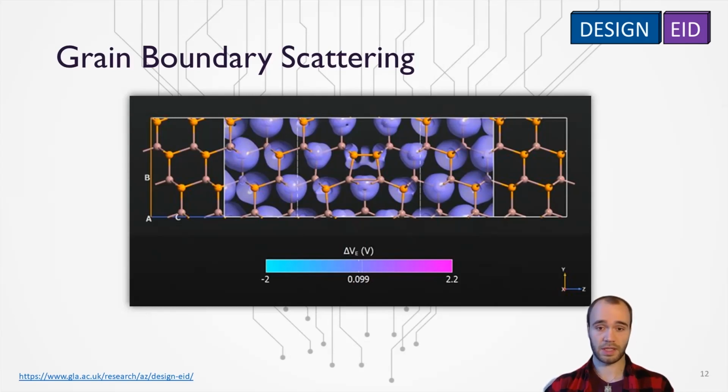I calculate the resistance across the boundaries using the non-equilibrium Green's function method, as implemented in Quantum ATK. Shown here is an example of the grain boundary and the electrostatic difference potential of the device region.